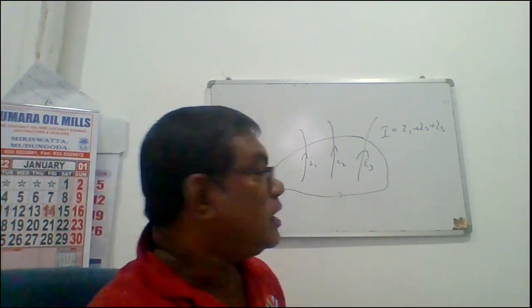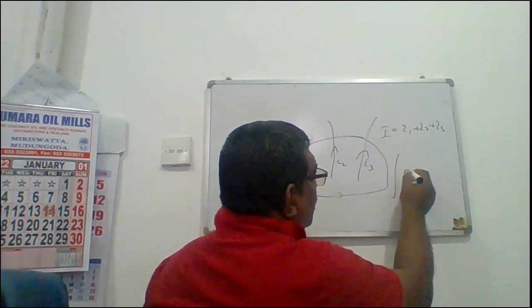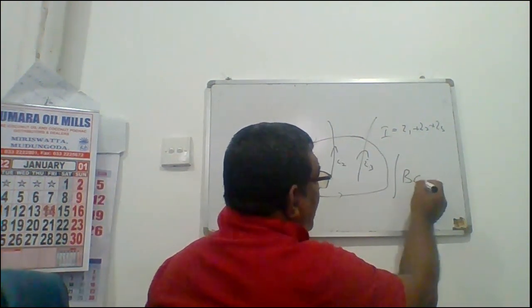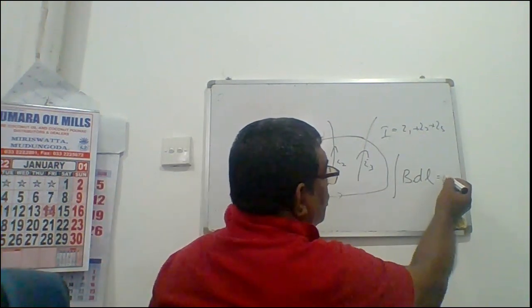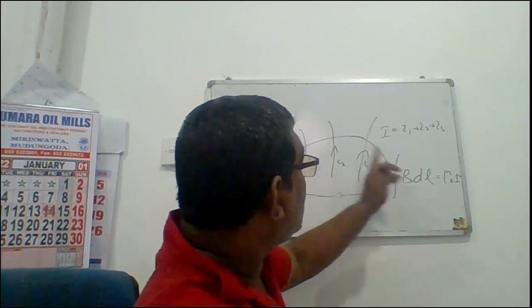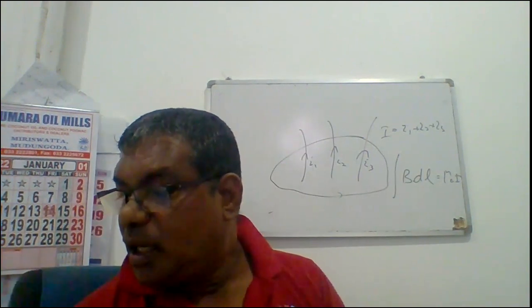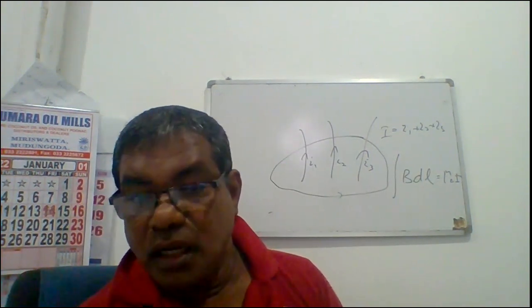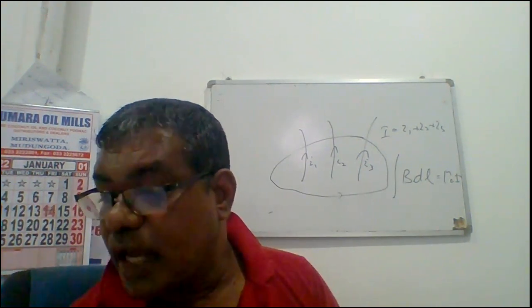The Ampere law says the line integral of B dot dl around the circle is equal to mu naught I, the total summation of all these currents.